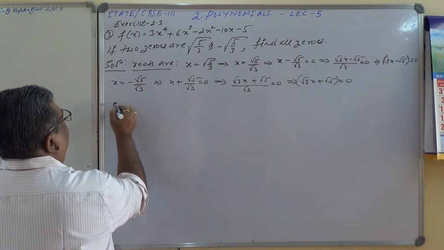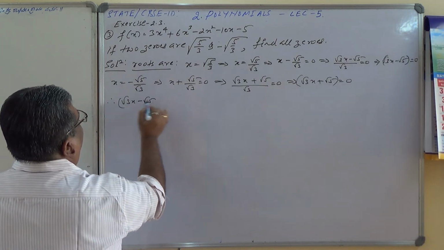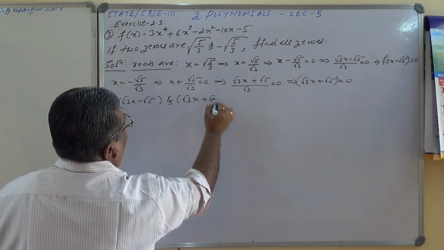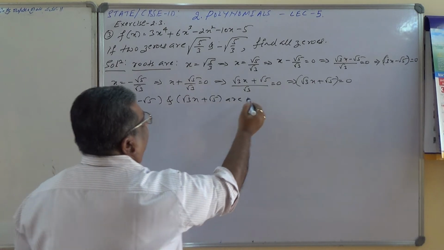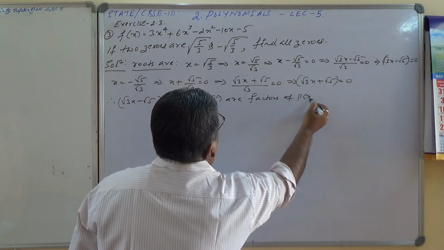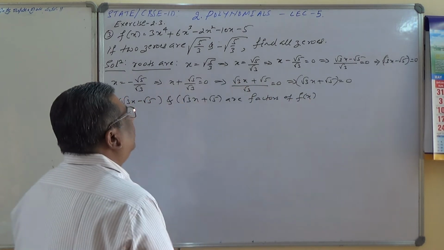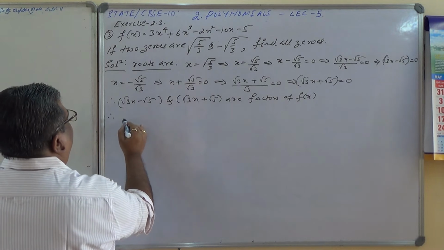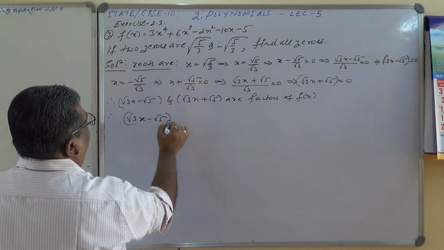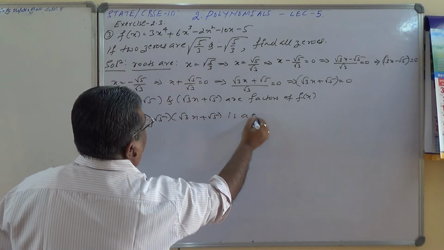Therefore, root 3x minus root 5 and root 3x plus root 5 are factors of p of x, f of x it is given. Therefore, root 3x minus root 5 into root 3x plus root 5 is a factor.